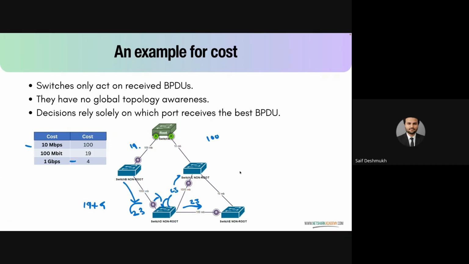Switch C has two options now, this interface or this. Somebody is sending me a BPDU with a cost of 23, and somebody is sending me a BPDU with a cost of 0. But I also have to add my own local link.